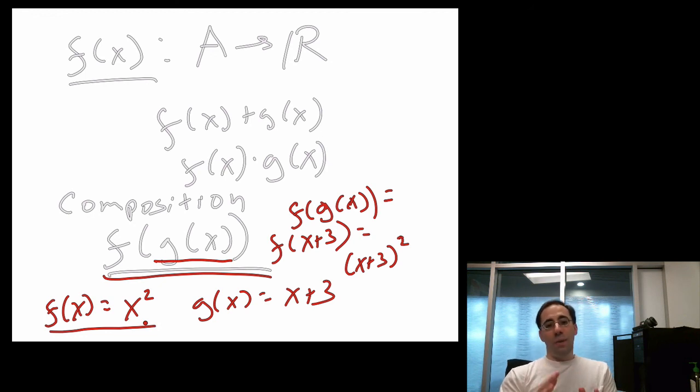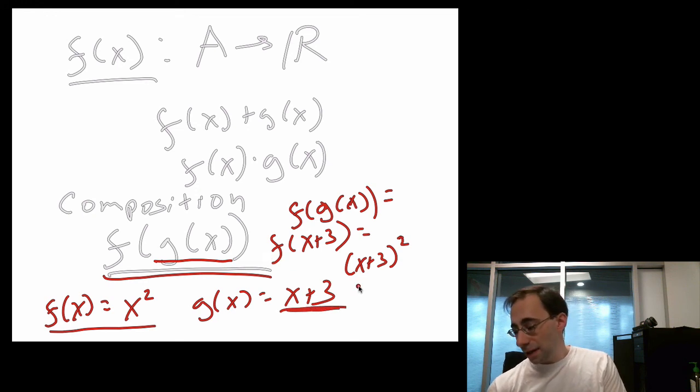If I take y z r, I square it and get y squared, z squared, r squared. Whatever I put into my f, I'm supposed to square. That's what the function means. So in this case, I put x plus 3 into my f and square that. I could expand and discover that f of g of x would then be x squared plus 6x plus 9.